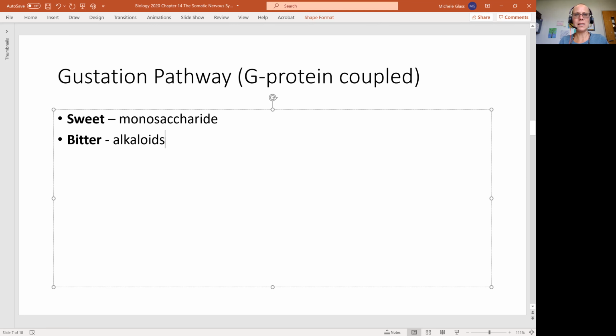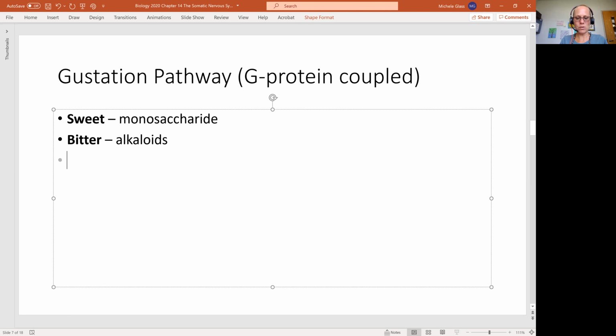Often bitter is a bad flavor. So for instance, coffee is very bitter. This is why people like to combine it with sugar and milk, right? And older people enjoy black coffees typically more than younger people, and this could partially be the reduction in taste sensation that does come with age. So bitter is often associated with things that are poisonous and can be part of that gag reflex.